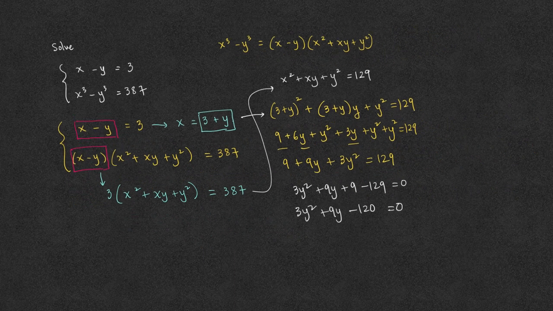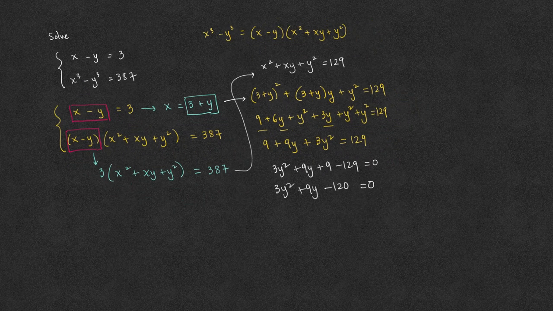To solve for y, we first divide by 3 to simplify this equation. If we divide by 3 from both sides of the equation, we have y squared plus 3y minus 40 equals 0. And we can factor this.